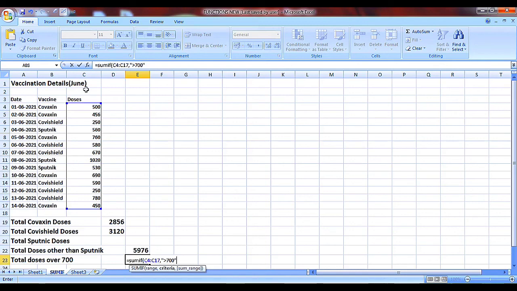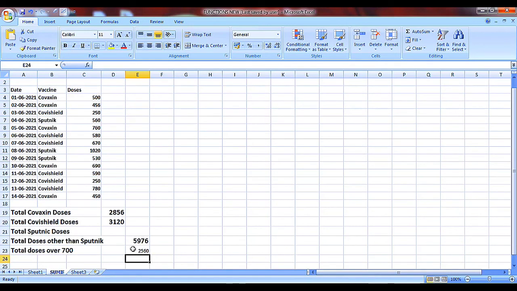But here the condition is checked against the doses column and this column itself is added if the condition or the criteria matches. Therefore, no need to include the third argument in this case. So the answer is total doses over 700 are 2560.